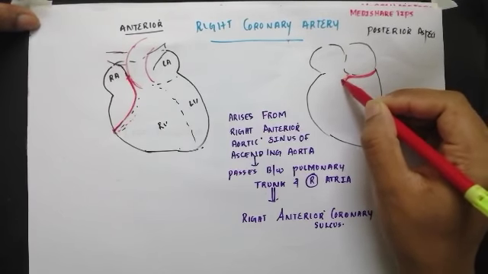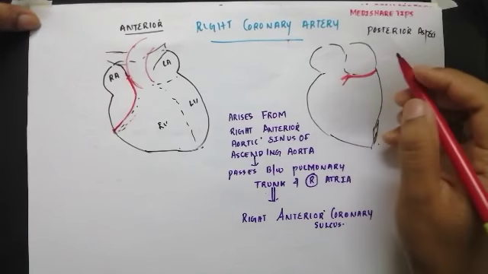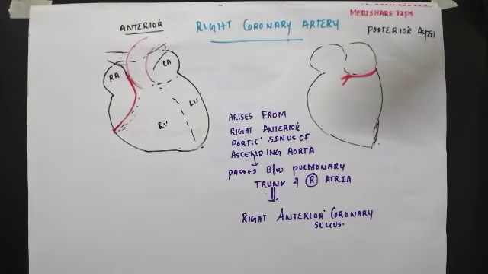And after passing through the right posterior atrioventricular groove, it terminates by anastomosing with the circumflex branch of the left coronary artery.